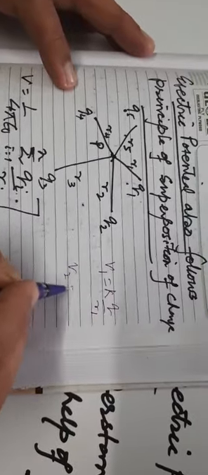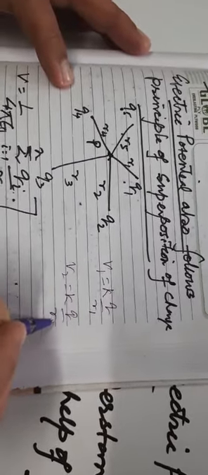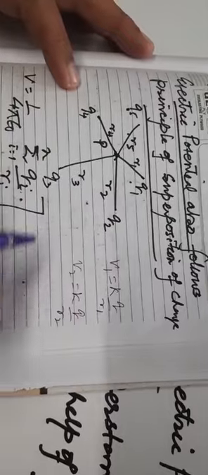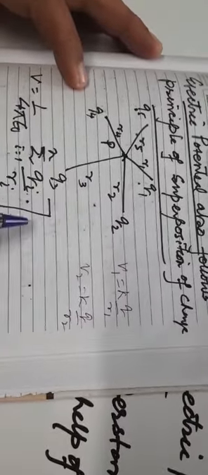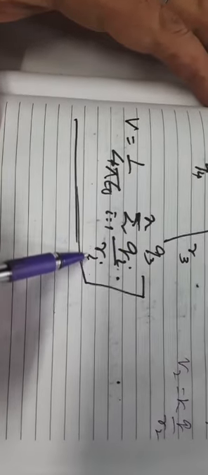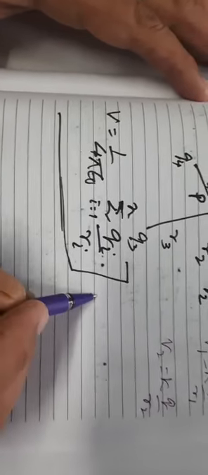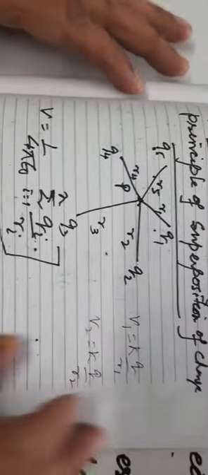Similarly, V2 equals K Q by R2 for the second, and similarly for all the others. So the net potential is 1 by 4 pi epsilon naught, that is the value of K, sigma i equals 1 to N, Qi by Ri, because it extends up to a large number of charged particles. So that is also applicable.